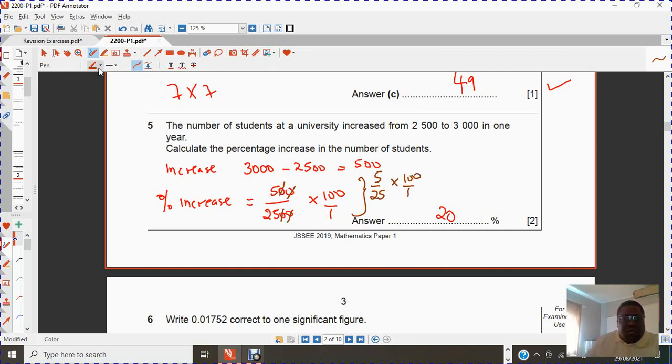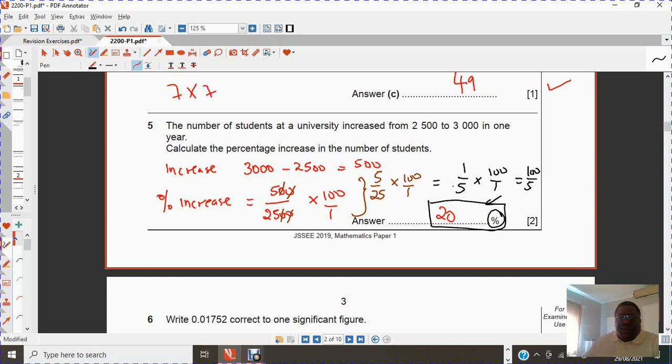Another thing you can do is this 5 over 25 becomes 1 over 5 times 100, which is nothing but 100 divided by 5. That gives me 20%. So this is the correct answer that I'm looking for.